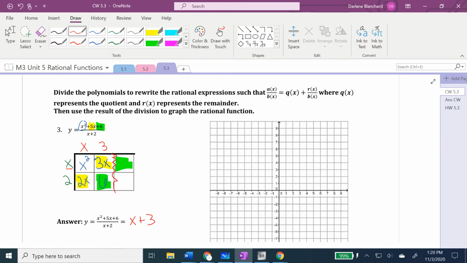This is not going to be just the line x plus 3 because what is the domain of this function? Are there any numbers that I can plug into x and it goes, no, not going to happen? What? 0.